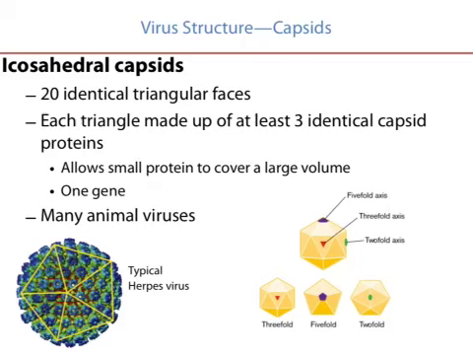They're able to keep their genomes small and just reuse the same subunits over and over again to form these types of structures. And icosahedral capsids are very typical of many animal viruses. And here you see a herpes virus example, and this is looking from the top down. So that's looking from the five-fold view of the capsid.